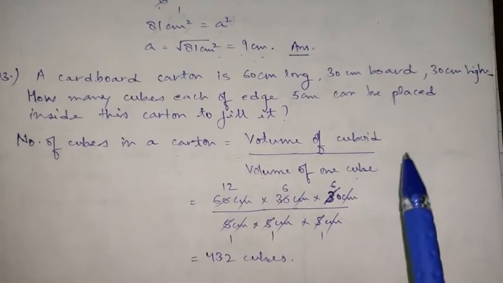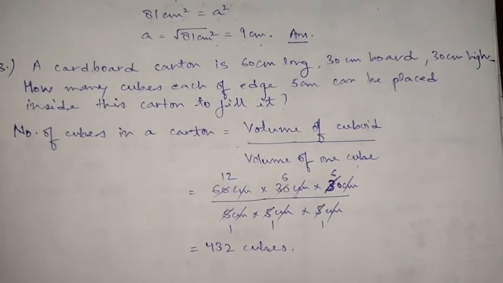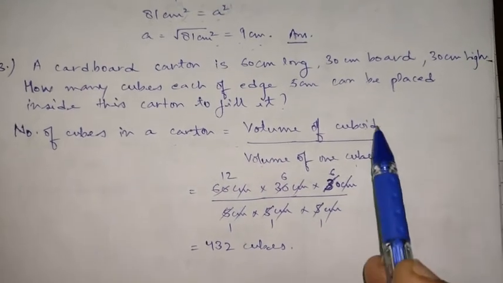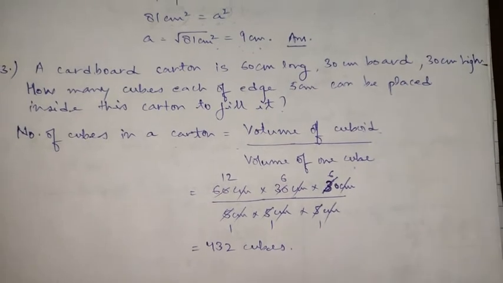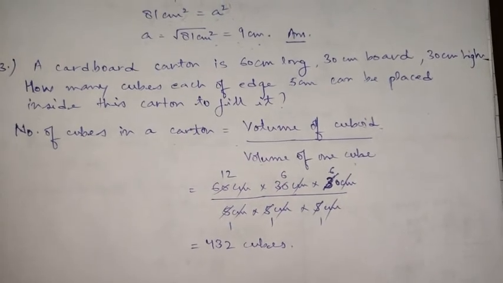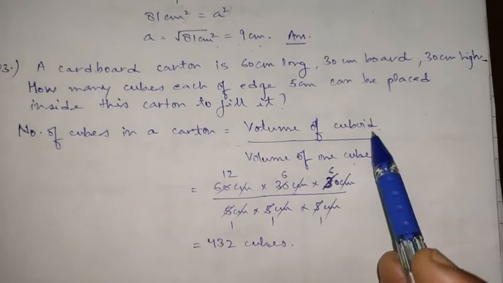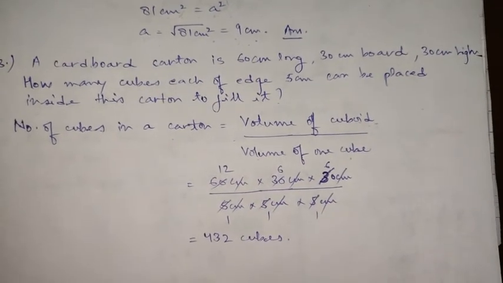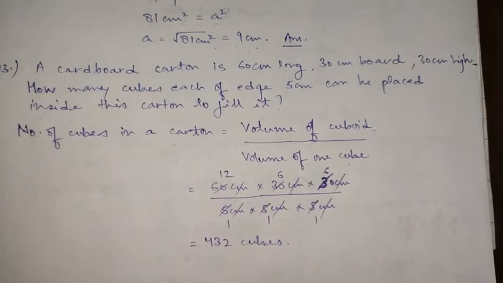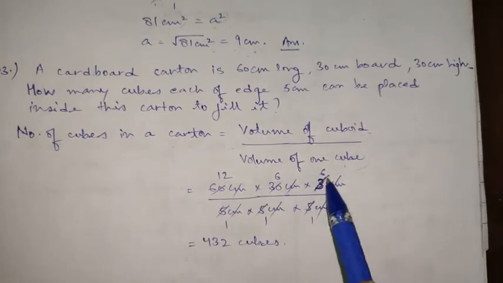Whenever we have to place a certain quantity inside another bigger box or chest, in the numerator we place the volume from the dimensions of the bigger quantity, and the volume of a single body, a single three-dimensional shape that has to be placed inside, we substitute in the denominator.